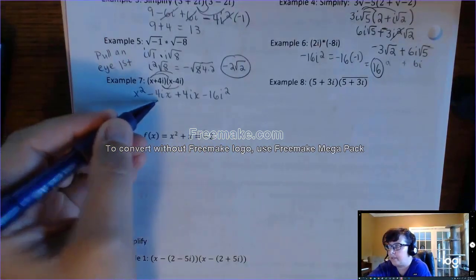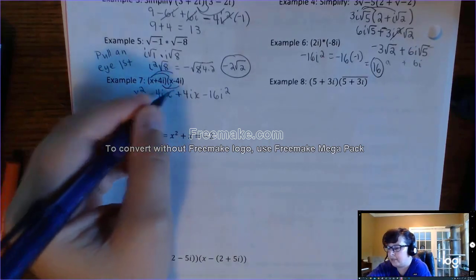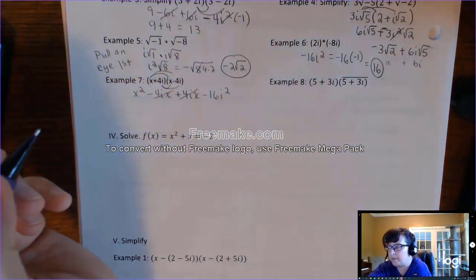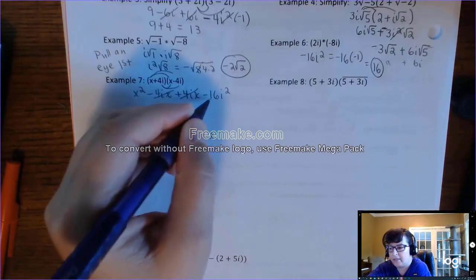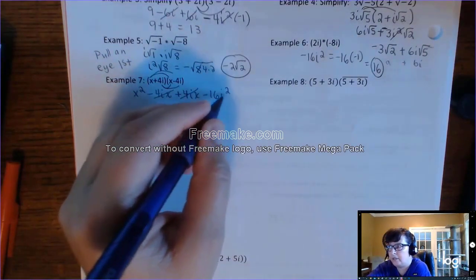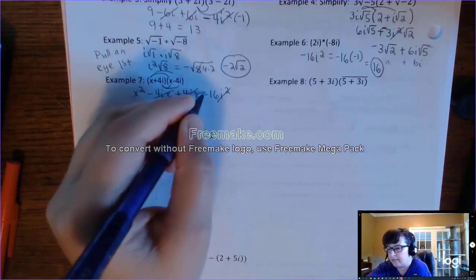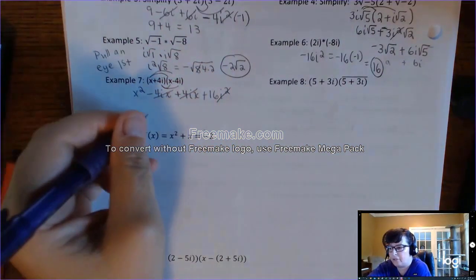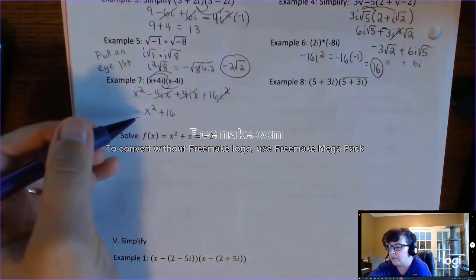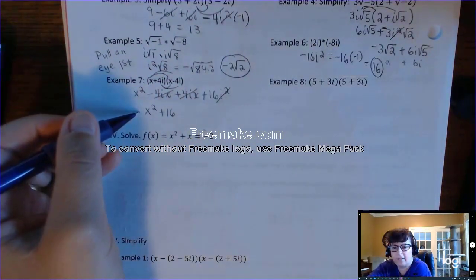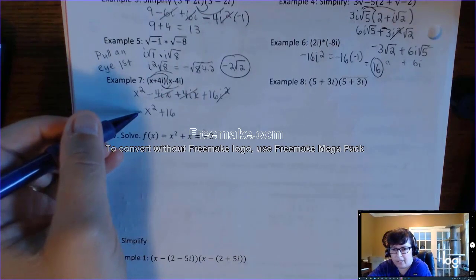Okay, what happens here and here is they cancel to 0. They're opposites. And again, i squared is negative 1. So negative 16 times negative 1 is positive 16. And so you're left with x squared plus 16. So just notice what we've got here. This is a quadratic.